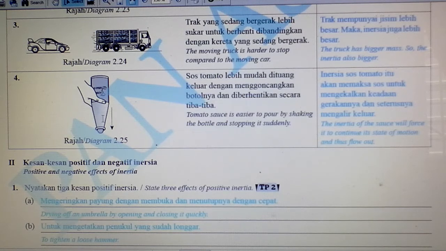Suddenly when the bottle stops, inertia of the sauce still remains in motion downward. Thus, the sauce will come out from the bottle. Right? So the inertia of the sauce will force it to continue its state of motion, thus flow out.